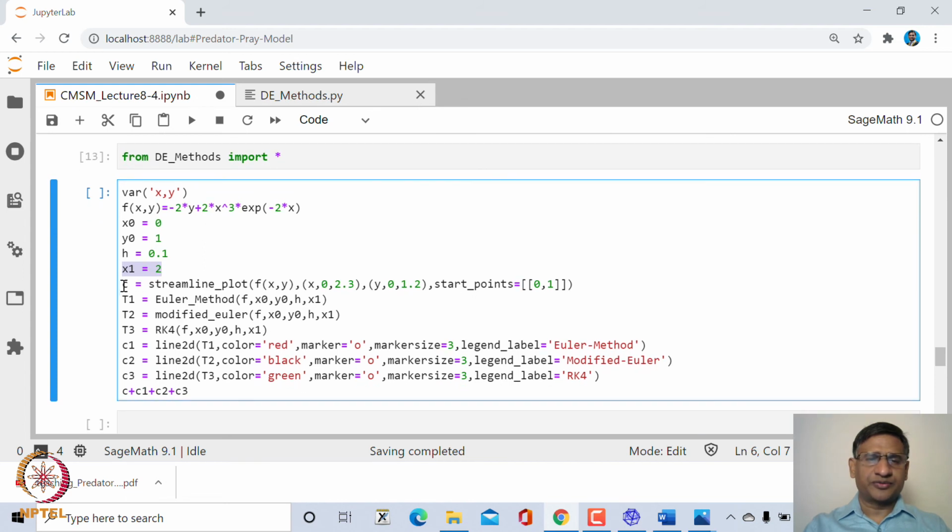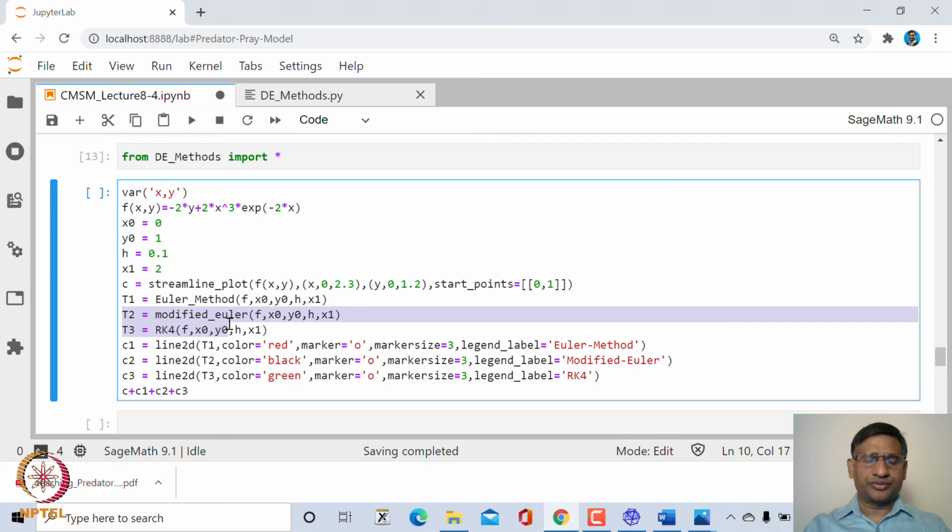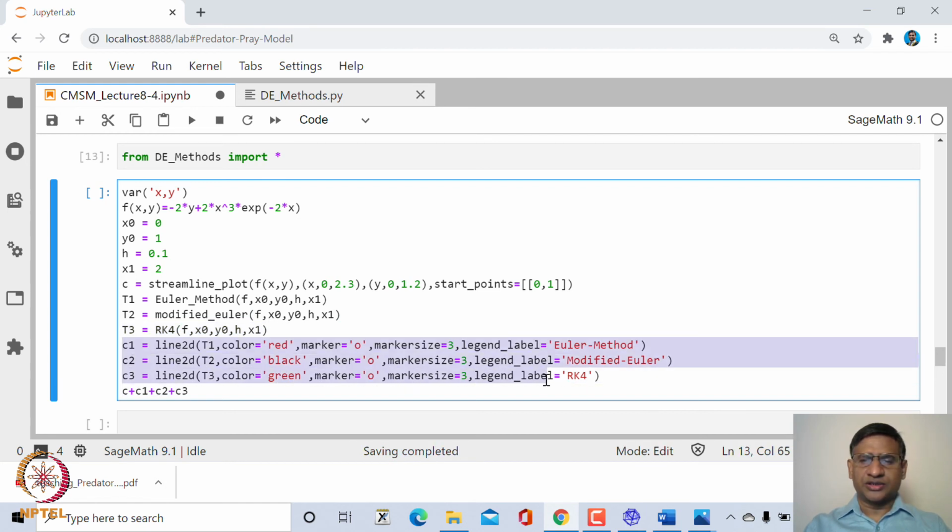Let us plot the streamline plot, that is the exact solution curve passing through (0, 1). T1 is obtained using Euler's method, T2 is the set of approximate solutions using modified Euler's method, and T3 is using the RK4 method. Let us plot these points in red for Euler's method, black for modified Euler's, and green for the RK4 method, and ask it to show.